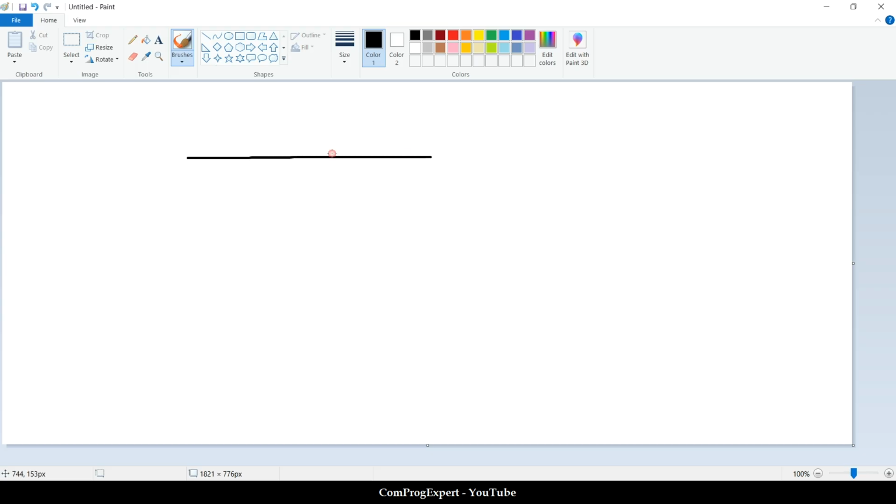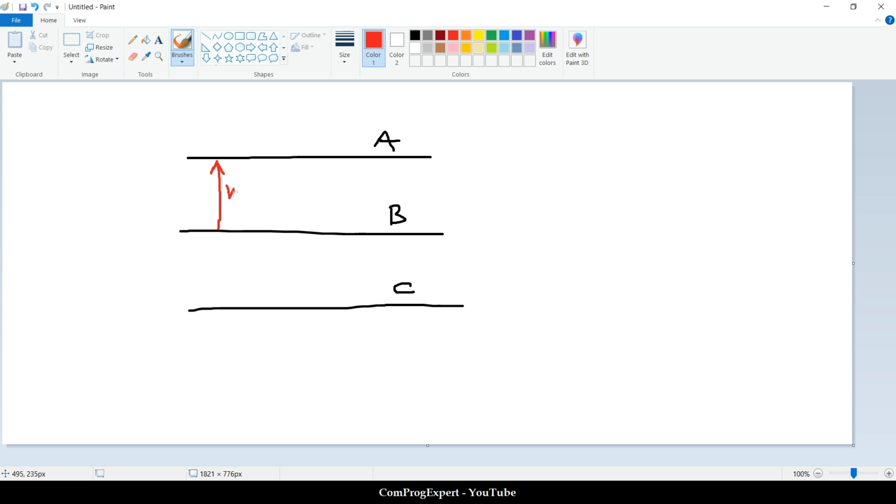This is the line A, this is the line B, and this is the line C. So, what is the VAB? It is this one, the voltage of the line A with respect to the line B. This is VBC, and this is VCA.